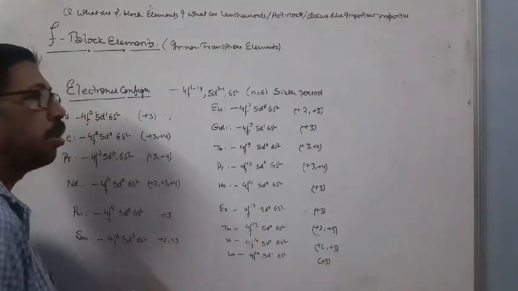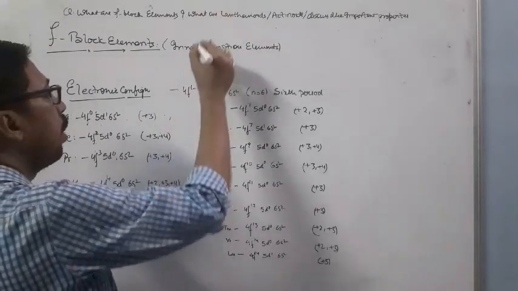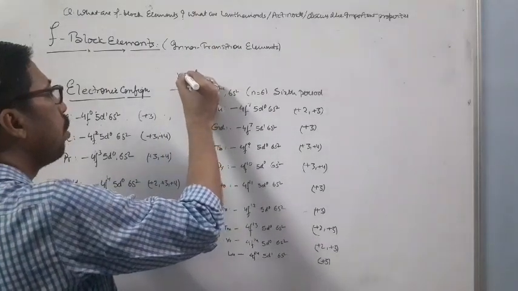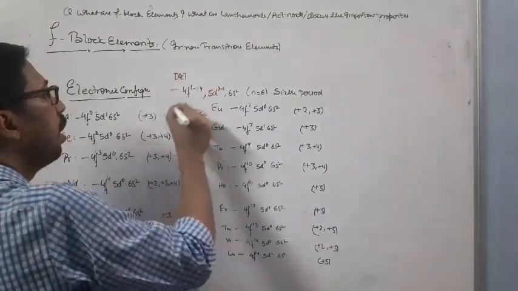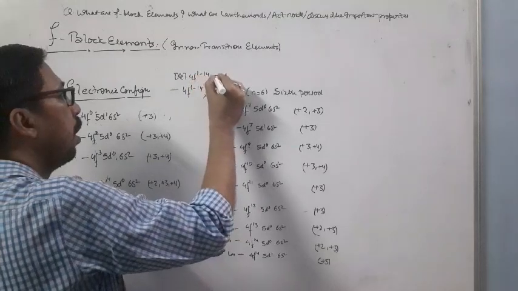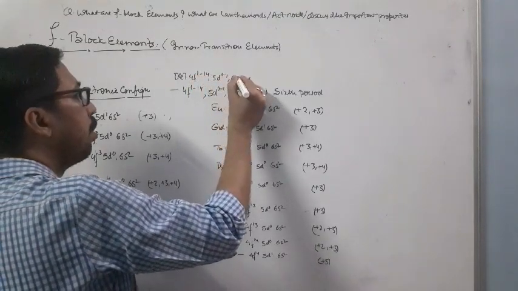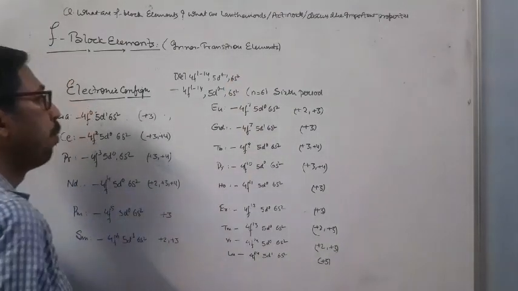And if you want to write the complete electronic configuration in general form, you just put xenon and write down 4f1 to 14, 5d0 to 1 and 6s2.